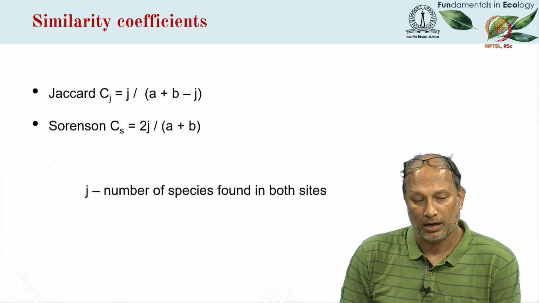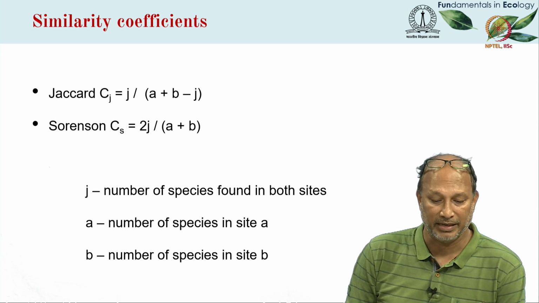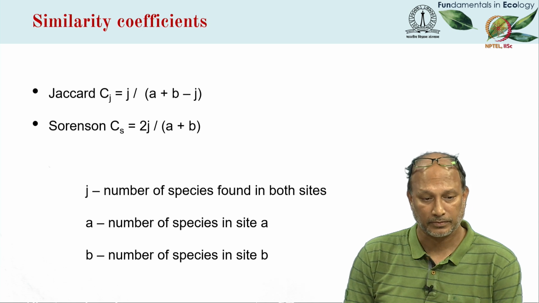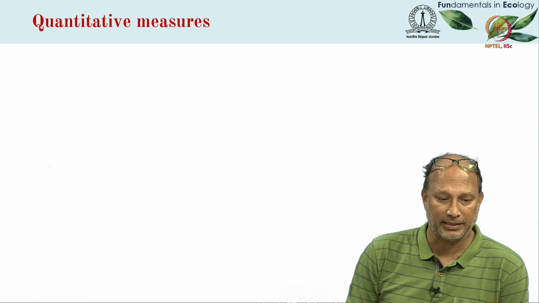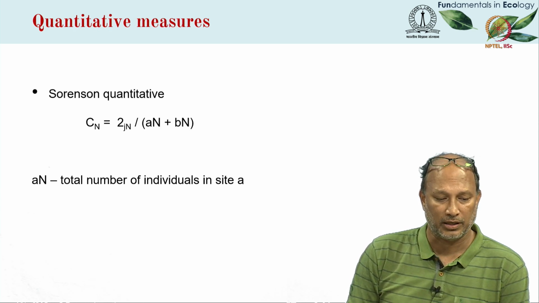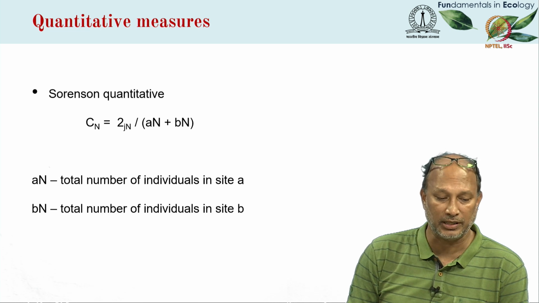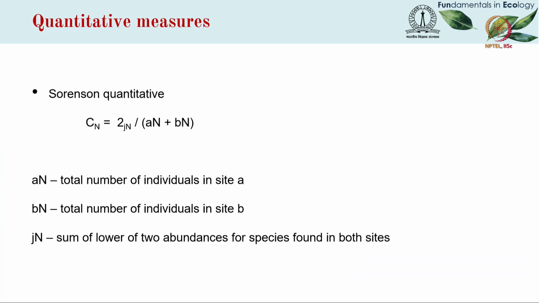In both of these, J is the number of species found at both sites, A is the number of species in site A, and B is the number of species in site B. Now, these similarity coefficients only take into account species presence and absence, but there are quantitative measures. Sorensen's has one which takes into account the total number of individuals at the 2 sites, incorporating the number of individuals in site A, site B, and the sum of the Jn, which is the sum of the lower of the 2 abundances for species found in both sites.